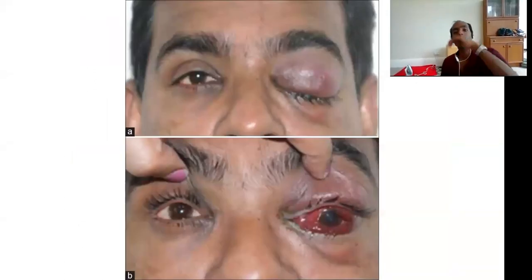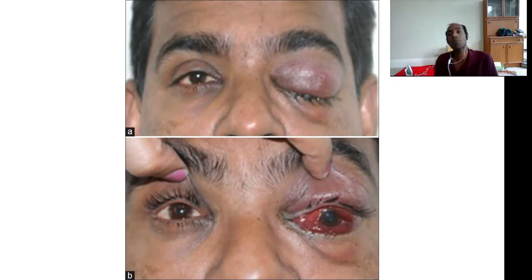So, what will you get if there is a lesion in the cavernous sinus? You call it complete ophthalmoplegia. Eyeball doesn't move in any direction. Why? 3, 4, 6, all three cranial nerves are gone. So the eyeball does not move in either direction. It is completely ophthalmoplegic.